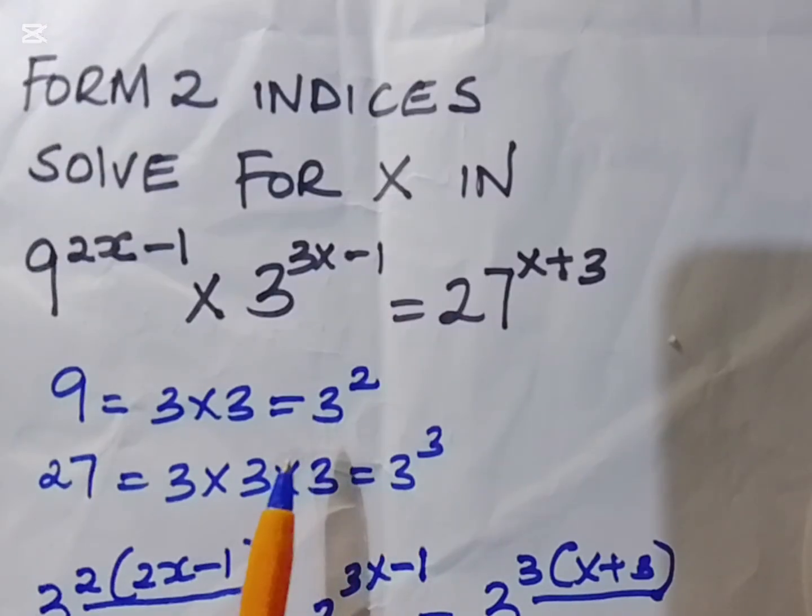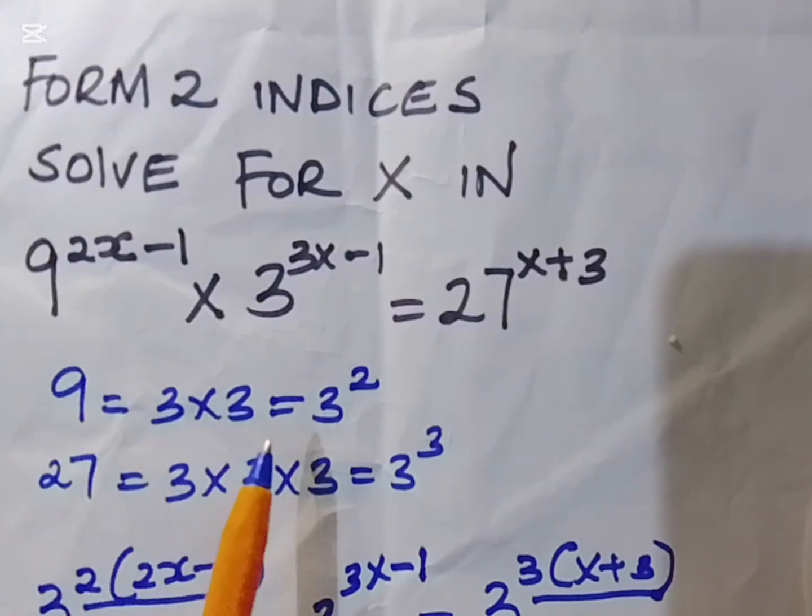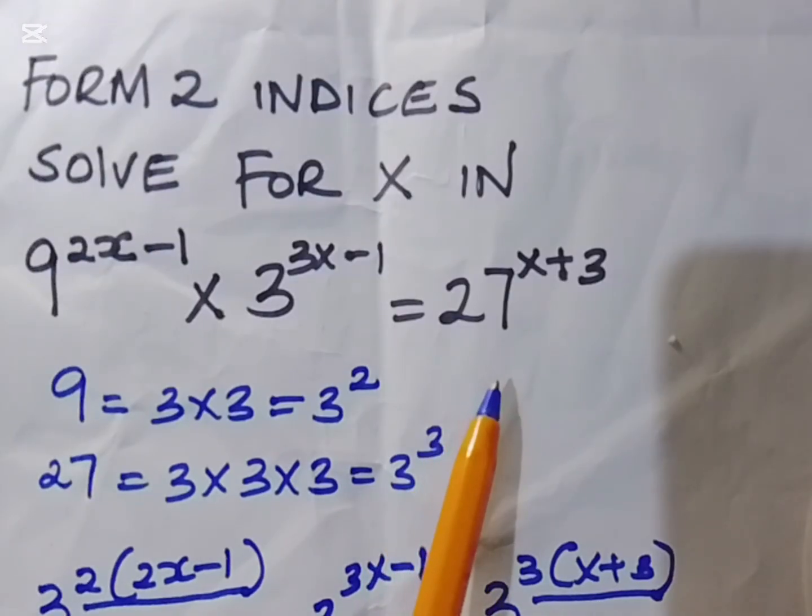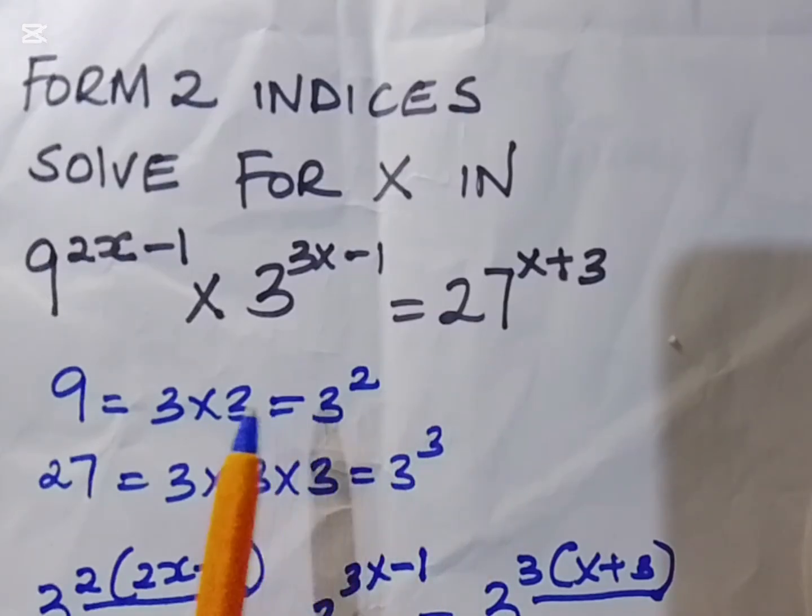So where we have 9, we will substitute 3 squared, and where we have 27, we will substitute 3 power 3, so that we will have similar bases of 3.